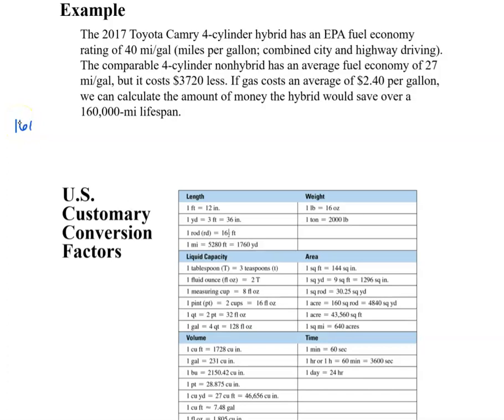So the first thing we're going to look at is that we can go 160,000 miles, okay, in that lifespan. And during that lifespan, if it is the hybrid, we're going to go 40 miles per gallon. So I'm going to put the 40 miles per gallon so I can get the miles to cancel out. And also know that it's costing us $2.40 for every gallon.